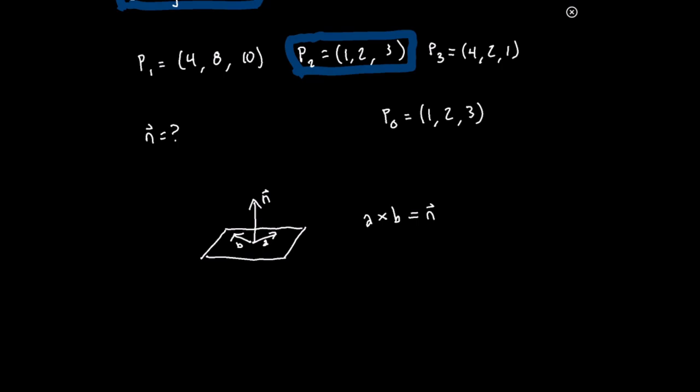And since both of these vectors lie on this plane, then their cross product will be perpendicular to the plane and therefore will be the normal of that plane. All right, so we need A and B.